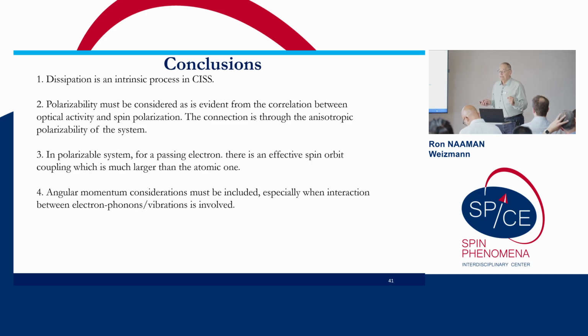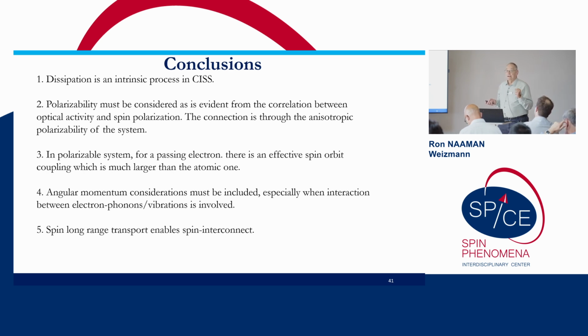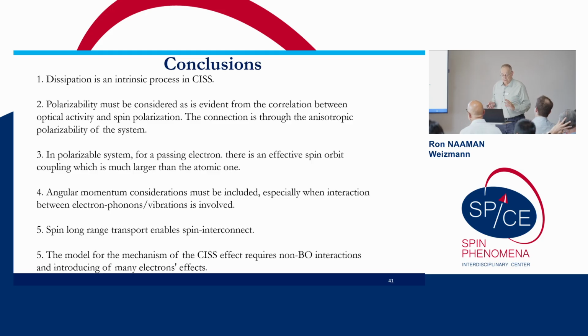Right now, the group of Joe Subotnik developed ab initio calculations that are non-Born-Oppenheimer and conserve momentum. So it's a really interesting breakthrough. And we can have really long-range spin transport at room temperature using this CISS effect.